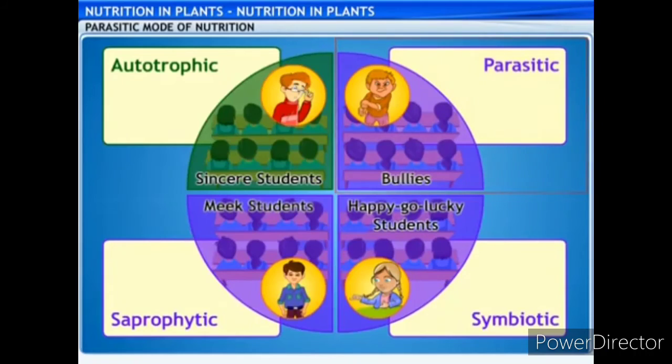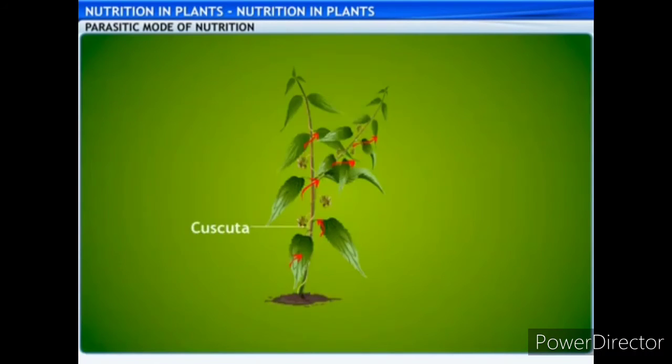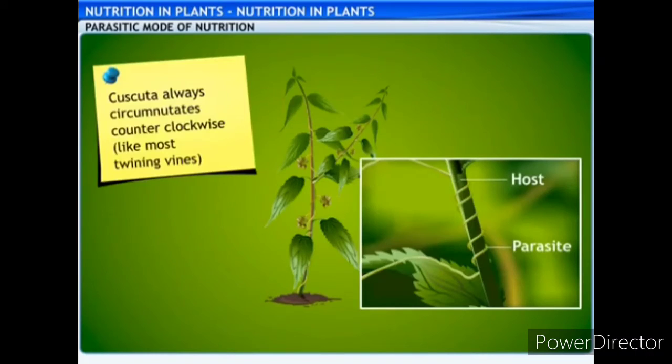So, in this module, we are learning about the autotrophic mode, which prepares its own food, and the heterotrophic modes of nutrition: parasitic nutrition, saprophytic nutrition and symbiotic nutrition. Here, only autotrophic nutrition has chlorophyll.